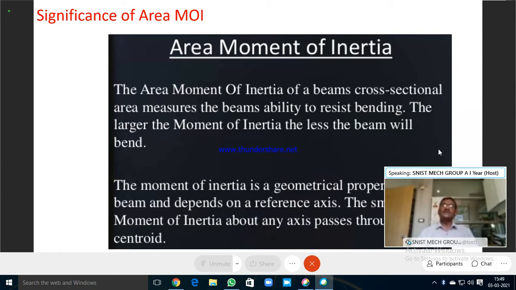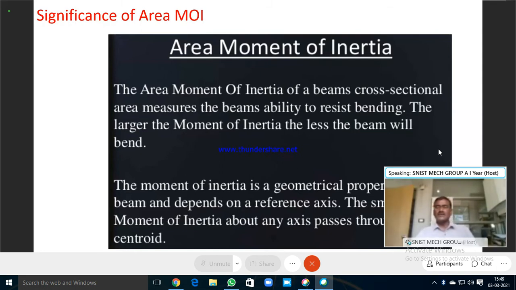You are going to see that in detail in your strength of materials by means of the bending equation. You are going to derive the bending equation for a beam and calculate the strength of a particular cross section by calculating the moment of inertia. So this is the significance of your moment of inertia, or to be specific, area moment of inertia.